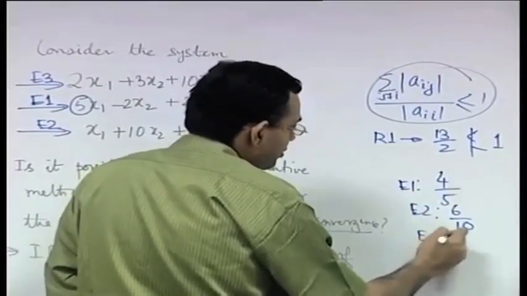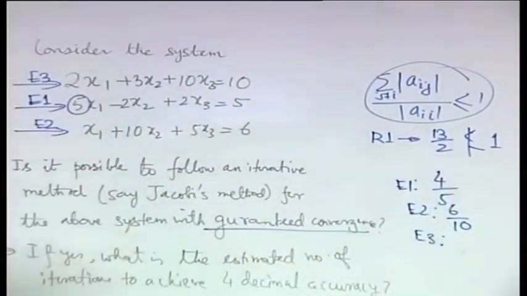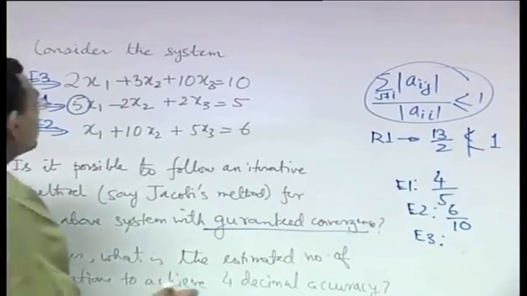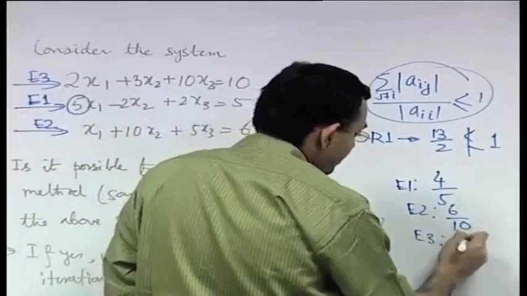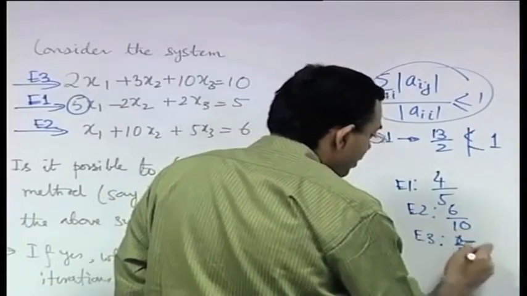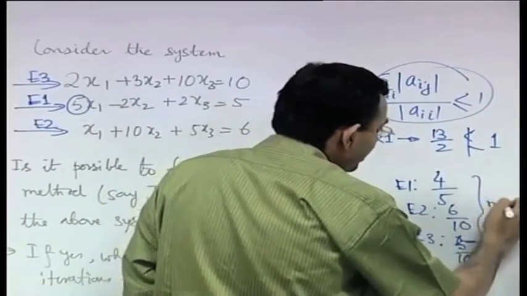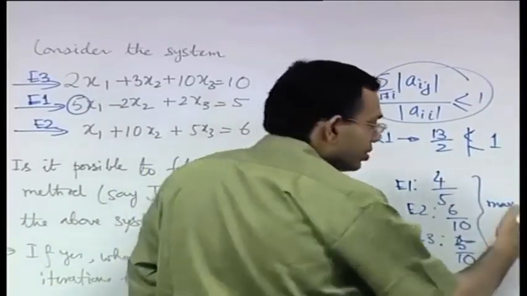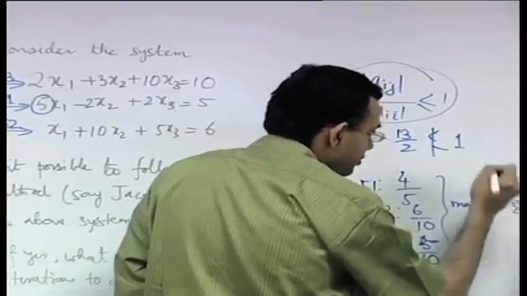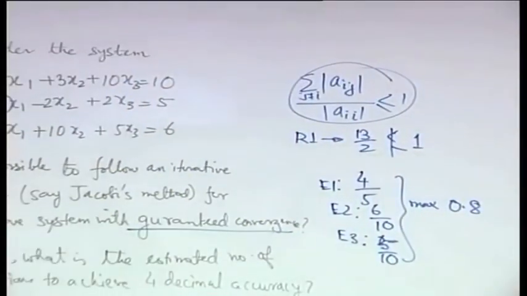For the third one, 2 plus 3, that is 5 by 10. So, out of these maximum is 4 by 5, so that is 0.8. So, the row sum norm is 0.8.